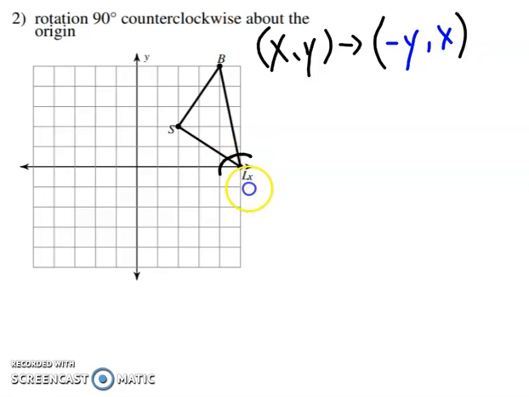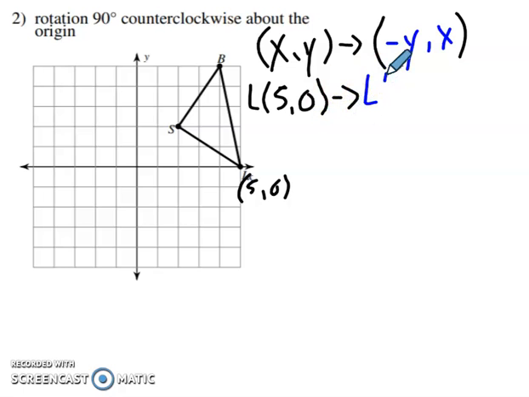Well, L right here is 5, comma 0. So what I'm going to do is I'm going to switch the x and the y value.